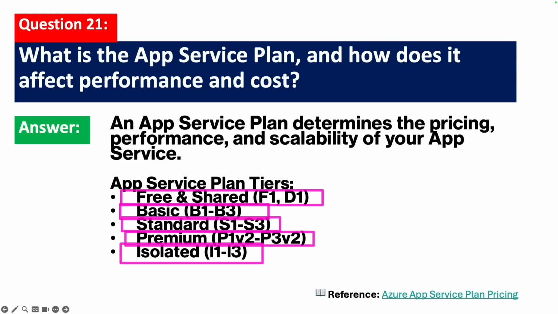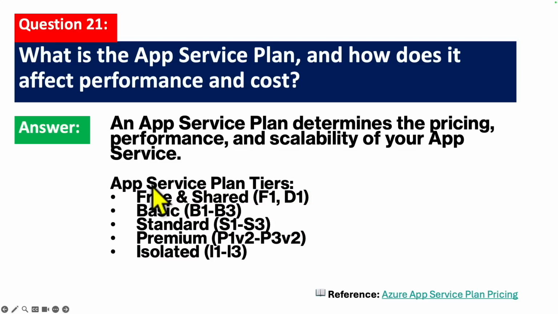If you want to understand other aspects of it, go back to the previous questions, where I mentioned the benefits of app service plan, including the scalability and flexibility it offers. So let me quickly talk about some examples and use cases.